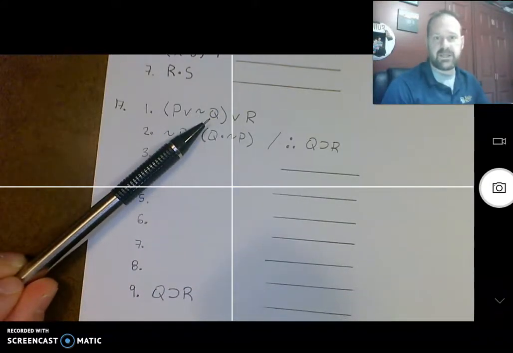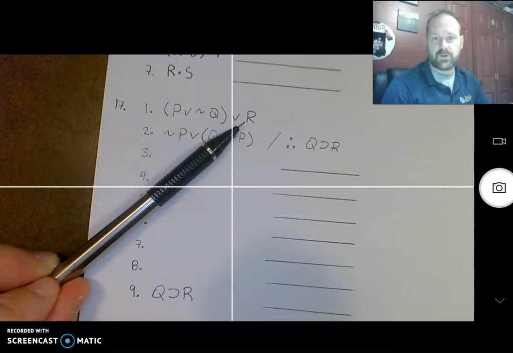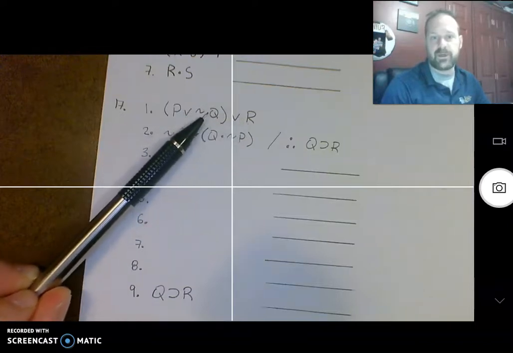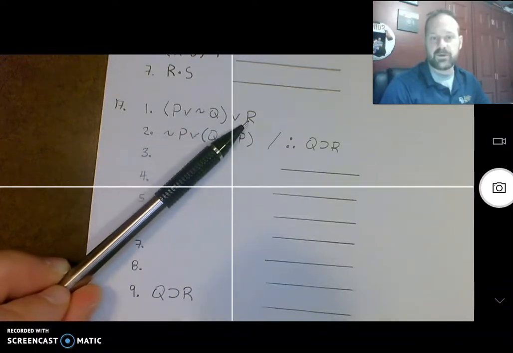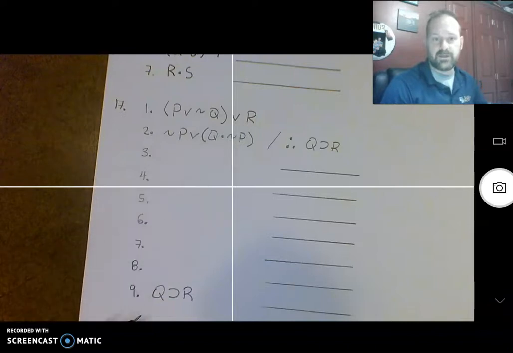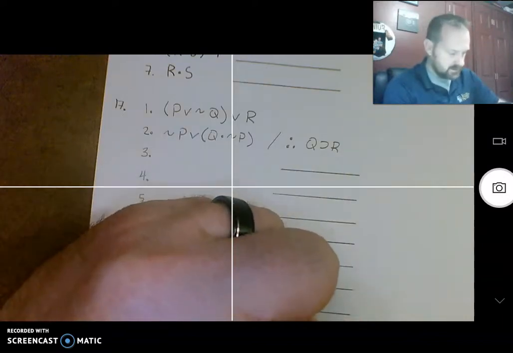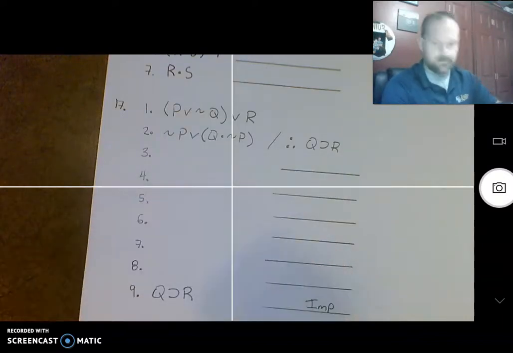Not P or Q. I know it's Q and R here, but not Q or R will be if Q then R. So this last step is going to involve implication.